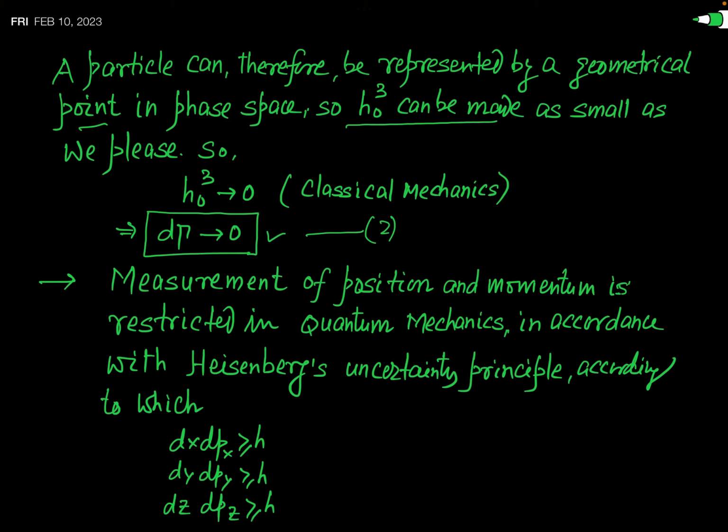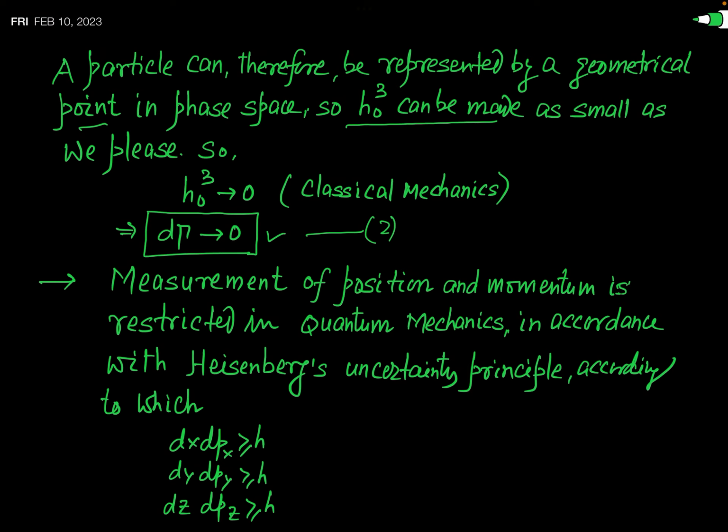You can't measure the position and momentum of a particle simultaneously with any accuracy. Whenever there is a simultaneous measurement of position and momentum, in accordance with the Heisenberg uncertainty principle, definitely there will be some uncertainties, some error in measuring the position and the momentum of the particle. And what will be the product of those uncertainties, those errors, has been stated in the Heisenberg uncertainty principle.